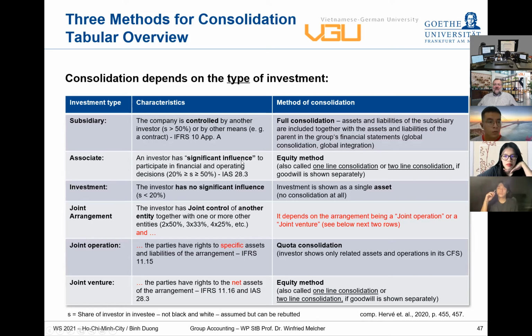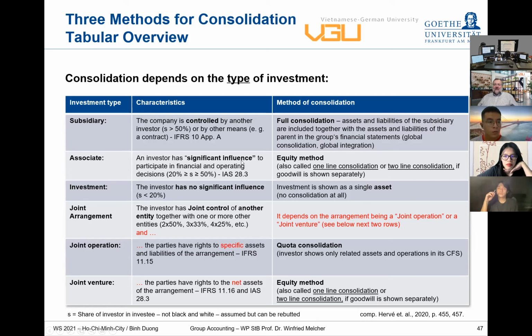We already saw that. Okay, here we have these consolidated financial statements under VAS. So here we have the notes to the consolidated financial statements. And we know already that this is VAS, as it says here: notes to the financial statements under VAS. So the notes relate to VAS only.